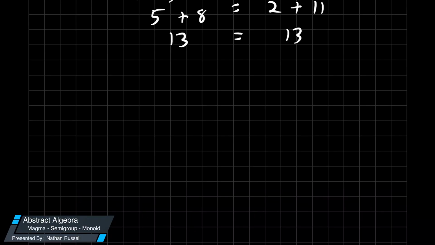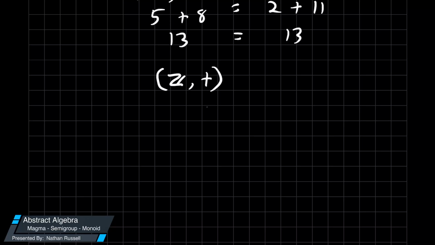So let's take a peek at something. We know that the set of integers under addition is closed. You add two integers, you get another integer back. That's relatively simple. But is it associative? Yeah, it is. So when we take integers and we associate them, we get the same value.